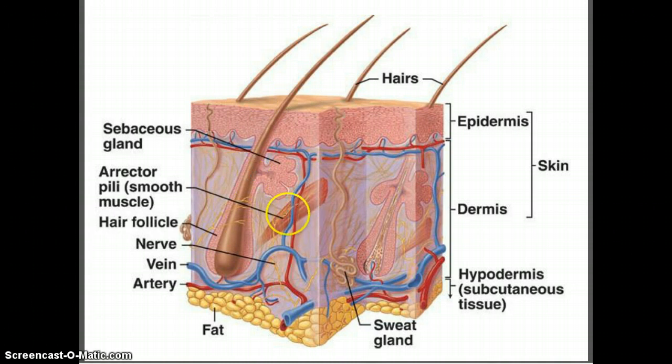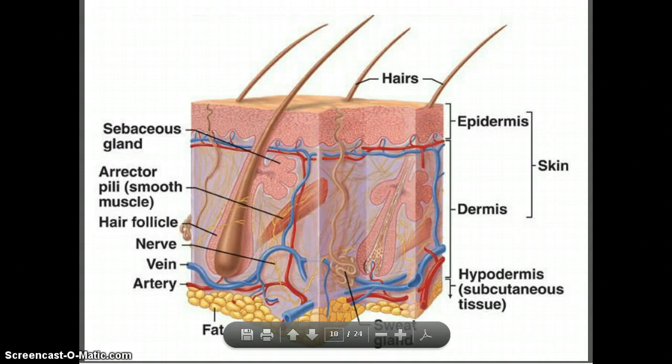When this smooth muscle contracts, the hair will stand on end. And if we were more hirsute or more hairy animals, like some of our primate predecessors, then that standing up of the hair and packing it essentially closer together would also help in temperature regulation.